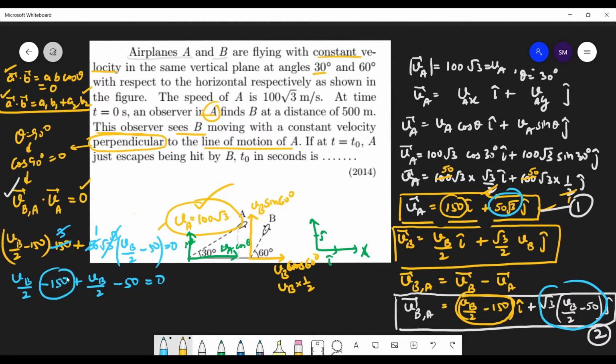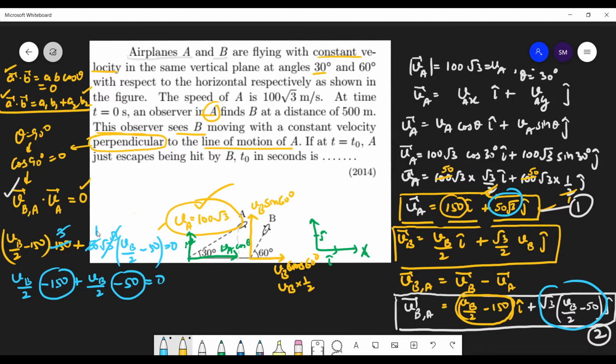So minus 150 and minus 50 will be minus 200. So we'll get the value of VB from here, students.